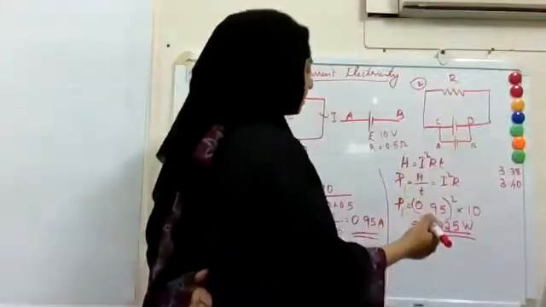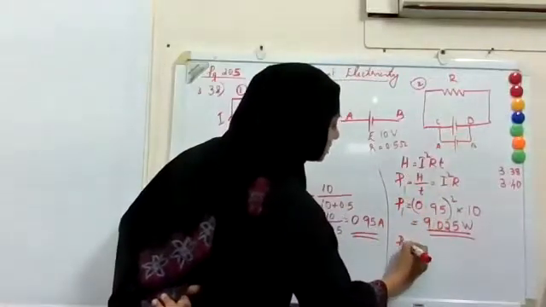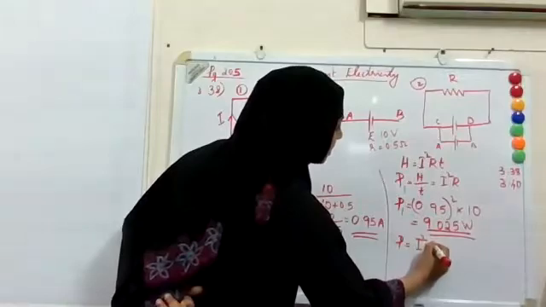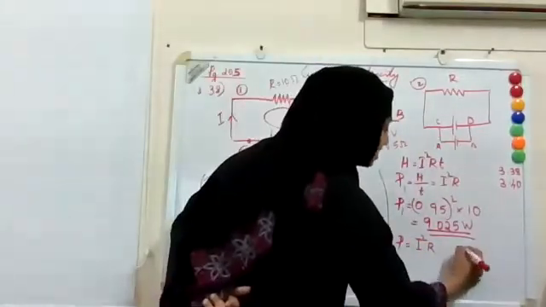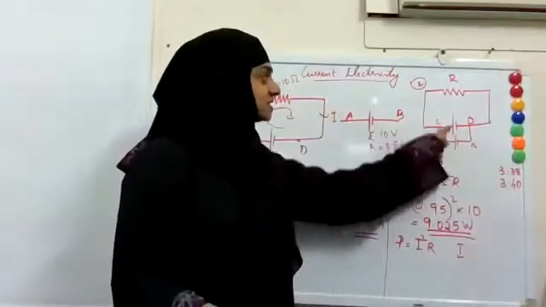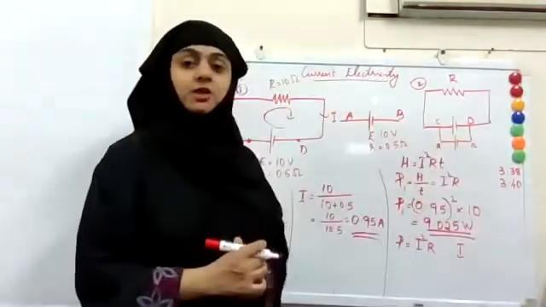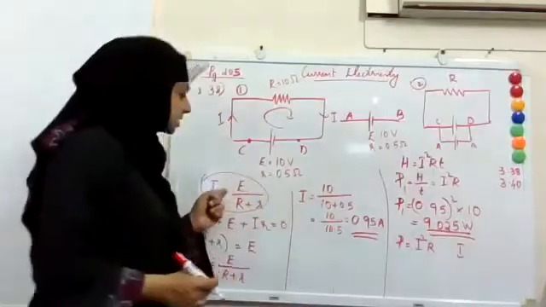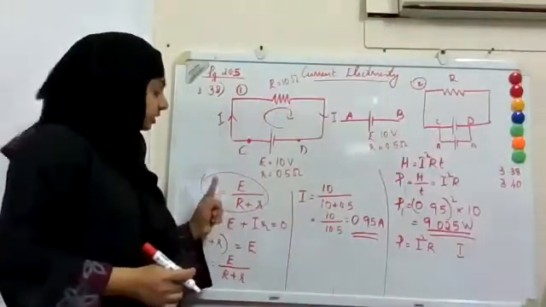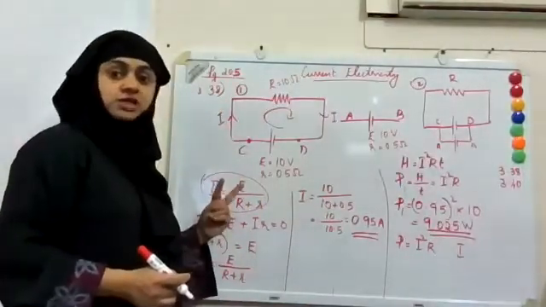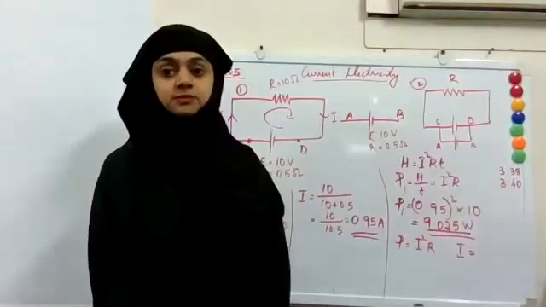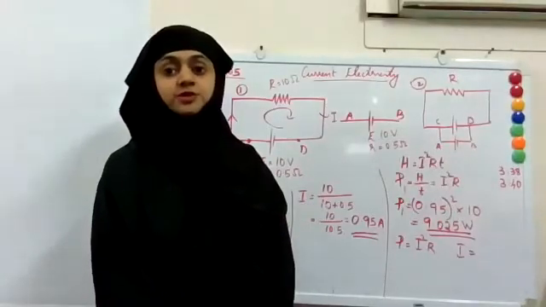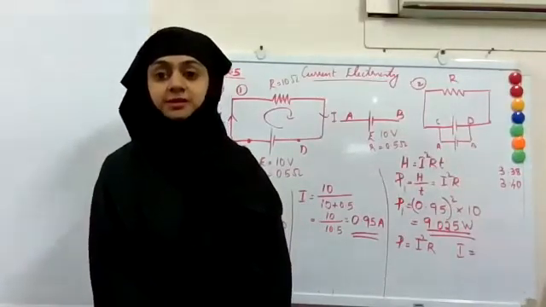Now what will be the total power? Power is equal to I square R itself. R is same, but current I will change, right? When two cells are connected in parallel, what will be the current? Is it the same equation? No. This is for one cell. If two cells are connected, what will be the equation? I is equal to, when two cells are connected in parallel.